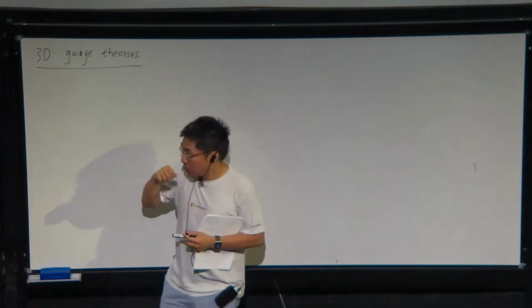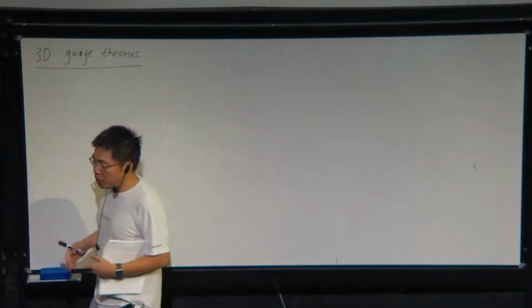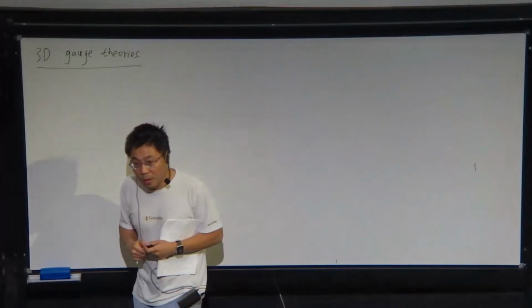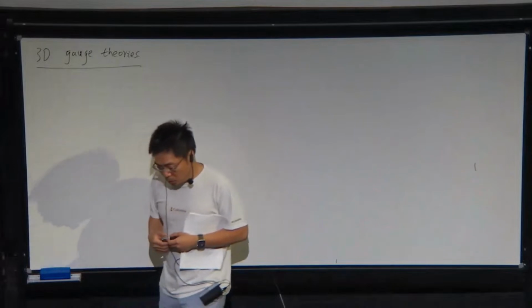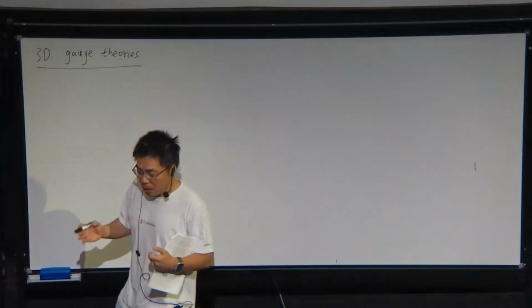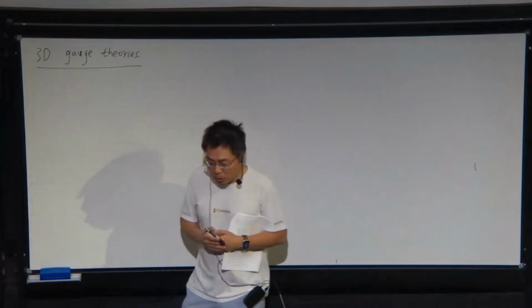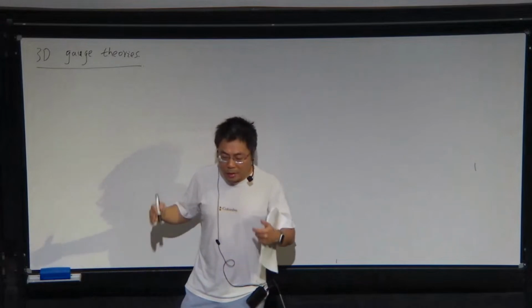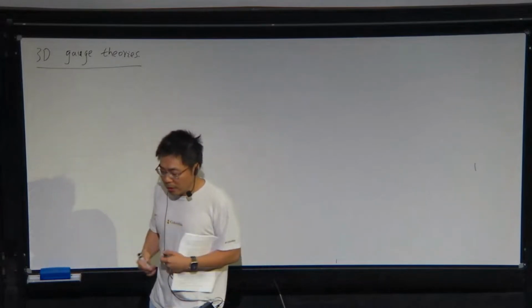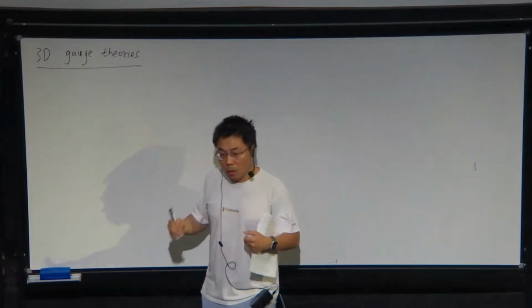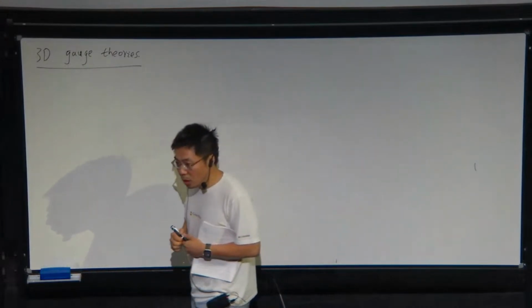And I want to first say that the way we realize it is not putting gauge fields on the fuzzy sphere. Instead, we are using a more condensed matter mindset: we play with some interacting models, and in the end, in the IR, it realizes some universality which falls in the same universality as the 3D gauge theories. That's the approach we will take.